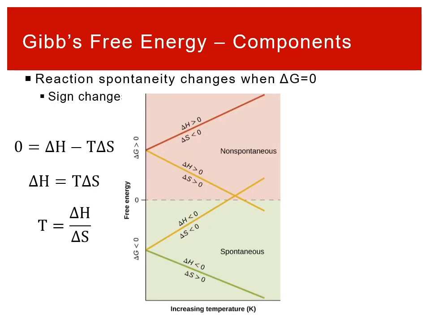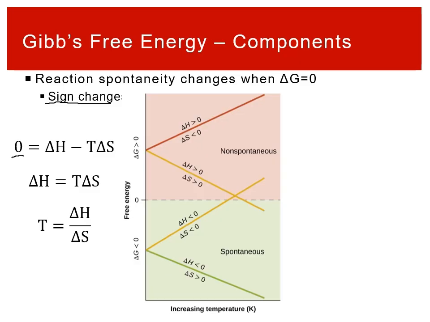So we want to now explicitly look at the temperature dependence of delta G, which tells us the reaction spontaneity, how that changes with temperature. And we know that all that really matters is the sign of delta G. When does it change from being positive to negative or vice versa, right? Either direction. But no matter what, when the sign changes, delta G equals 0.